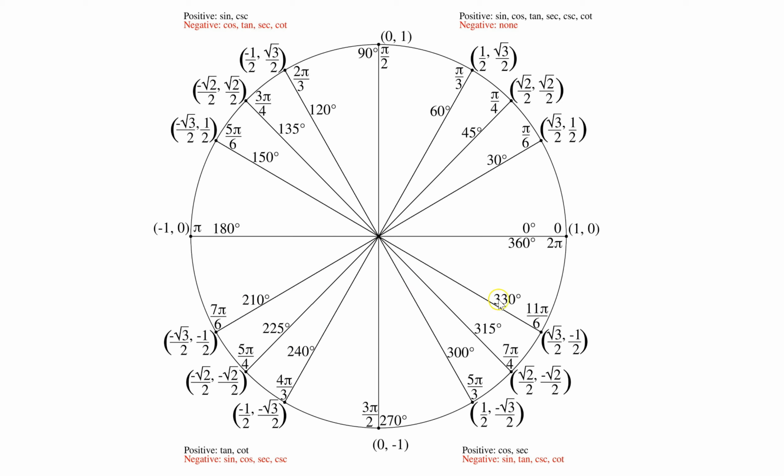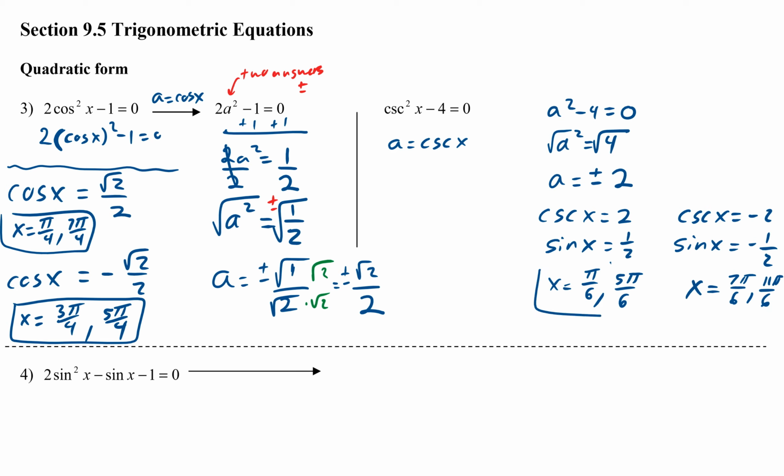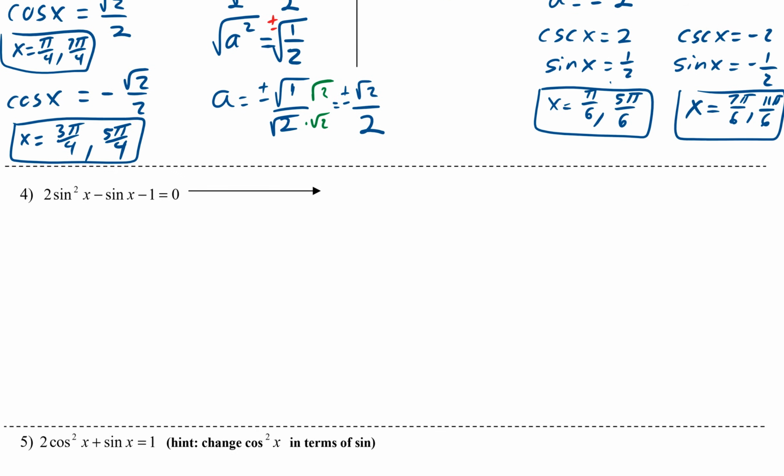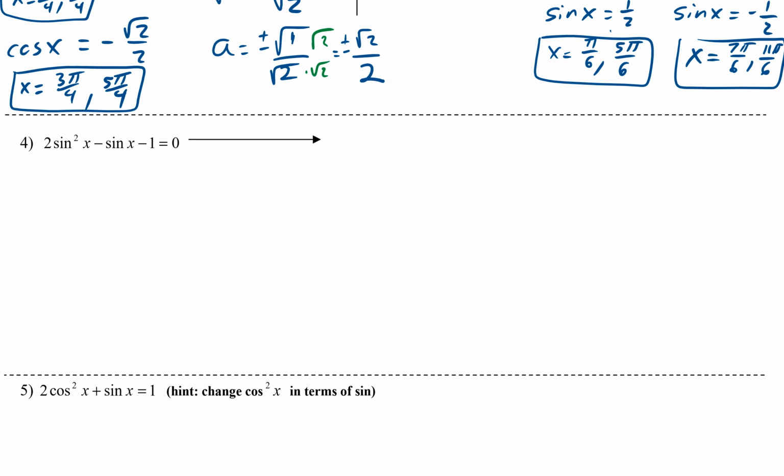See, there's a 7, the 11, the pi, and the 5. There are your answers. So this was square root property. These first two are using square root property. And so next we have the factoring and quadratic formula.